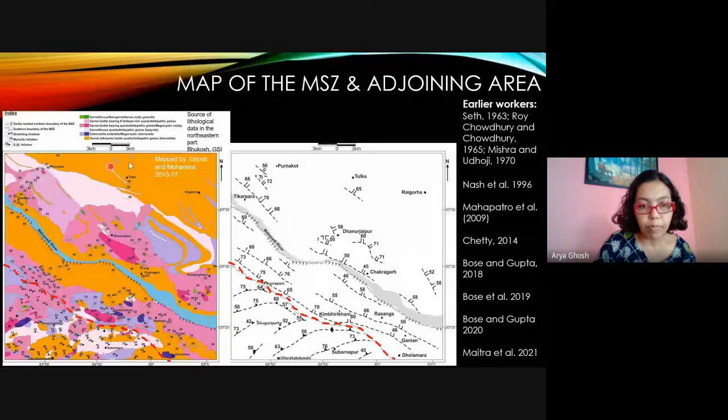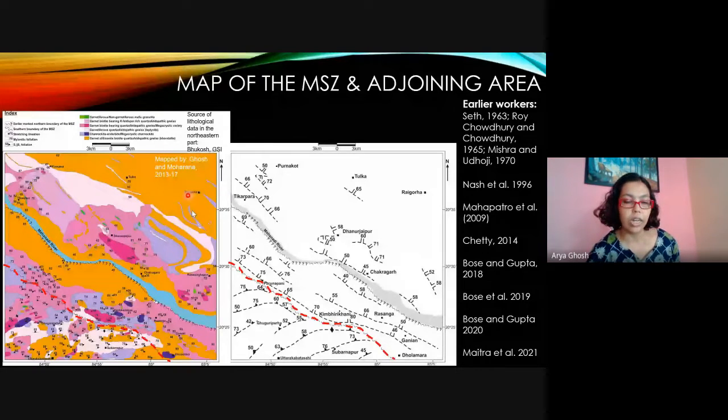So it is not that we have mapped the entire northern part fully. We have taken some data, the litho data especially, from the compiled map, which is available online on the GSI portal site, that is Bhukosh. So this is a combined regional map, where I have shown the major lithotypes: the pelitic granulites, the charnockite and enderbite suite rocks, and the quartzofeldspathic gneisses, which vary in composition.